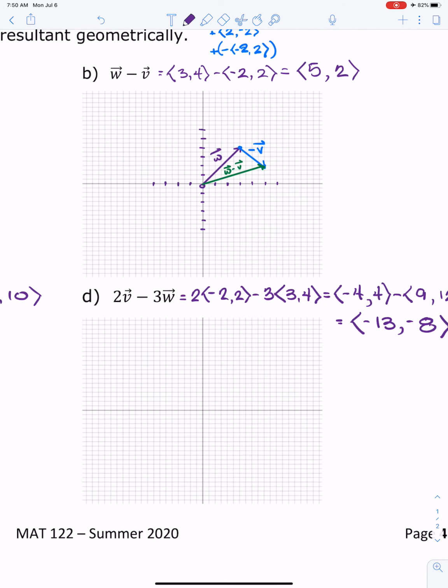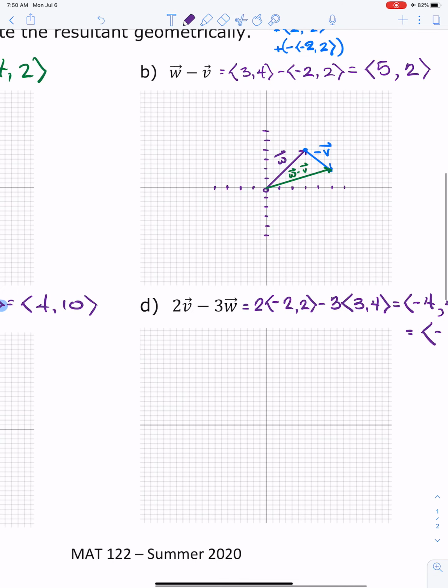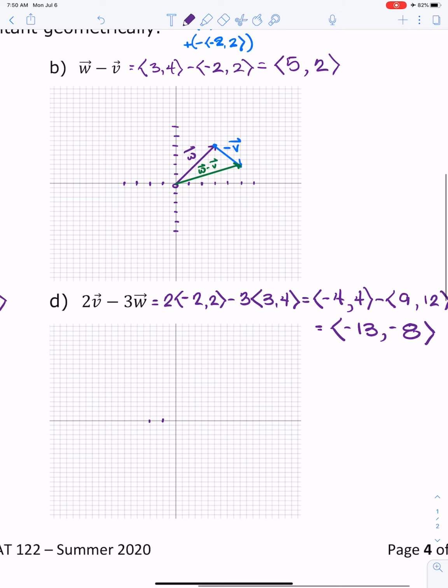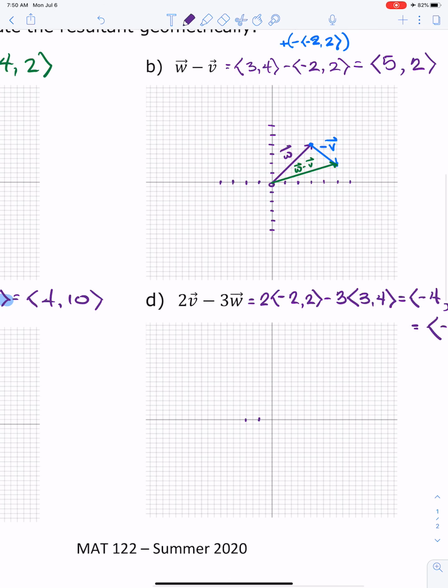Okay, let's see what happens when we draw this out. I think I'm going to have to count by ones because I don't think I'm going to get that -13, -8 on there if I don't. So let us just go -2, 2.